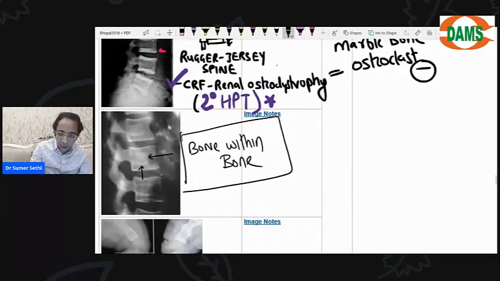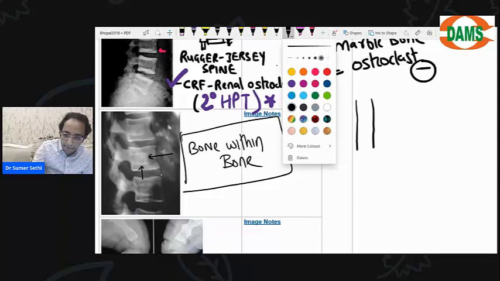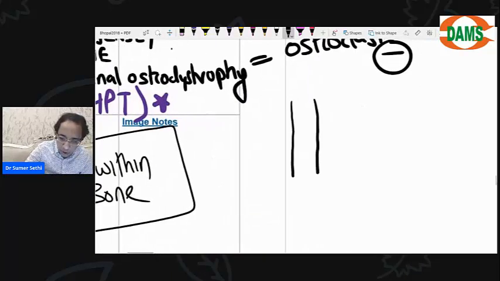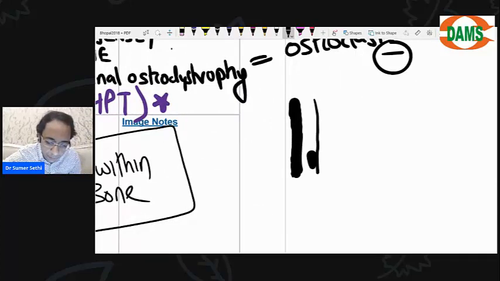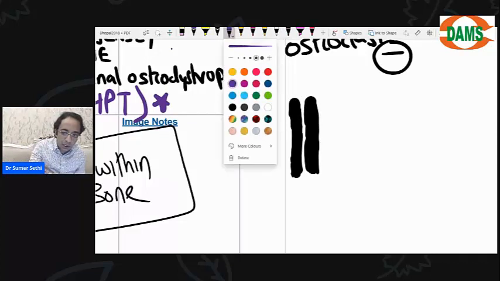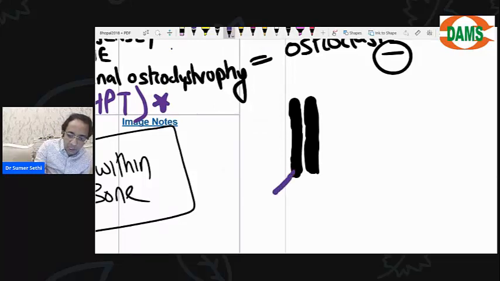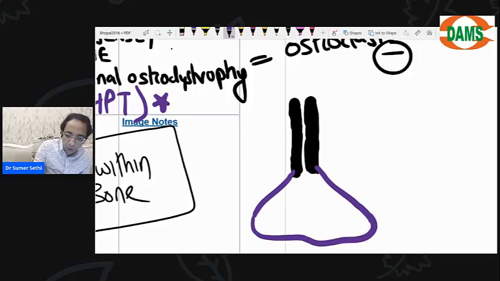Okay. And another thing to remember here is if this is your femur, in osteopetrosis, the cortex of the bone will get thickened. And when the cortex is thickened, the medulla gets obliterated. When the medulla is obliterated, the body tries to compensate by increasing the size of the lower end of the femur because you need bone marrow.